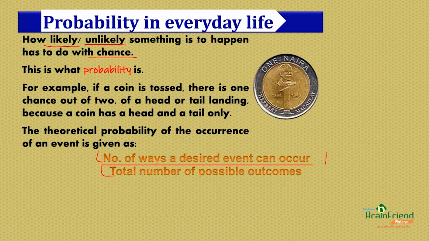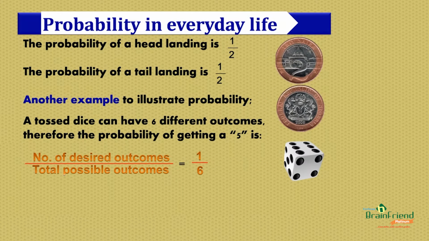So we have 1, all over the fact that we can have either a head or a tail landing. That is 2 options. So we have 2. So the probability of a head landing is 1 over 2. As well, the probability of a tail landing is 1 over 2.